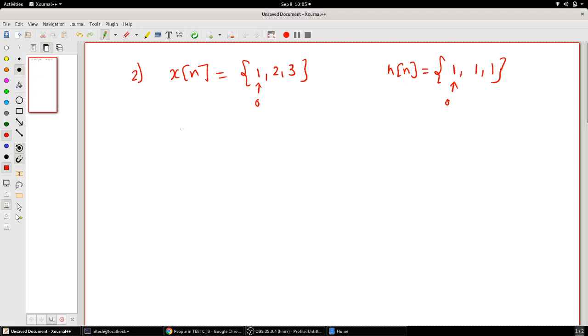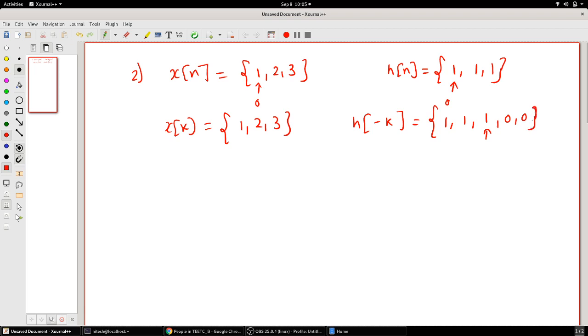So what I could do is write x of k is 1, 2, 3, and h of minus k, I can write this as 1, 1, 1, 0, 0.